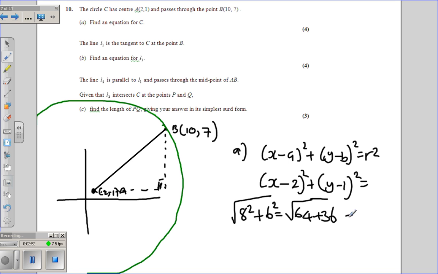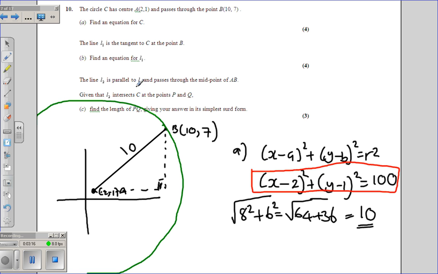This is nice, which is the square root of 100, which equals 10. So this distance is 10. Because it's r squared, remember, that's going to be 10 squared, which is 100. Just so you can see it, this is the final answer for the general equation of this circle here.